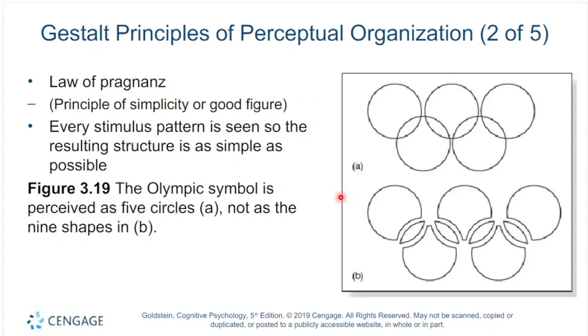With this one, we can see figure A. We all know figure A as the Olympic symbol. Because we follow this law, we understand that the circles are all of the same size, and that this is a very simple structure.